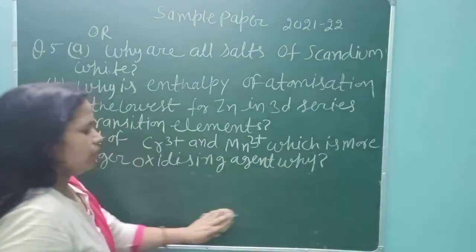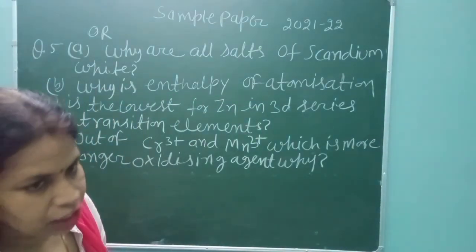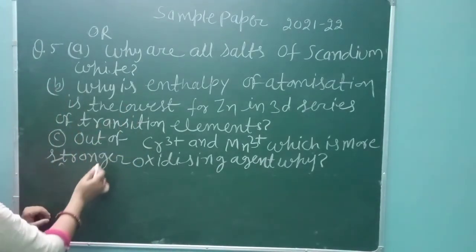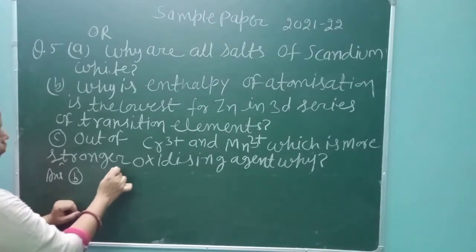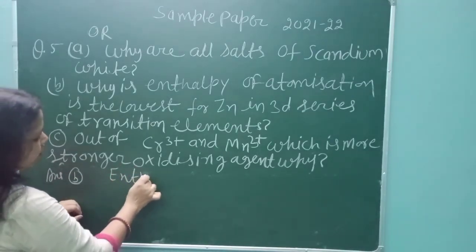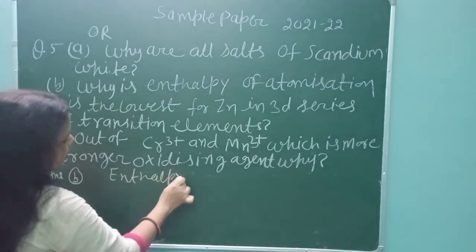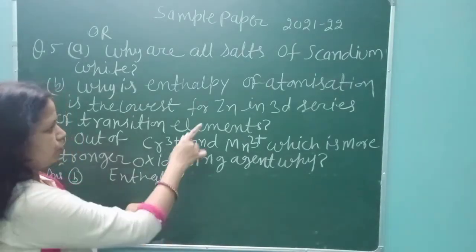So again, how to write the answer? Enthalpy of atomization depends on the number of unpaired electrons. Enthalpy means energy change.